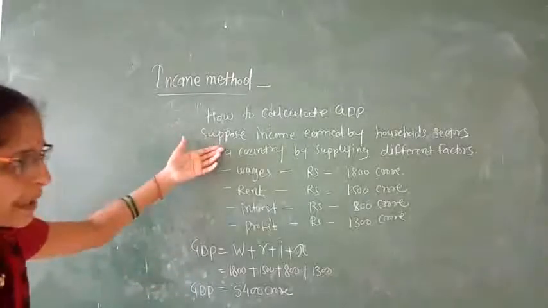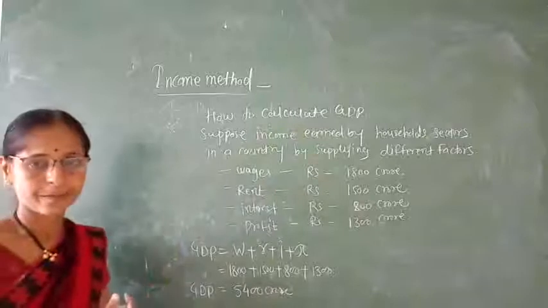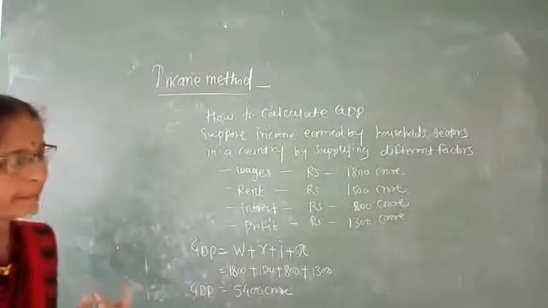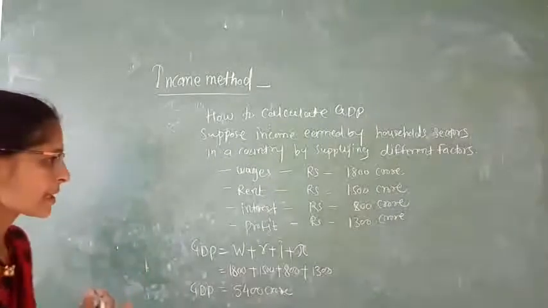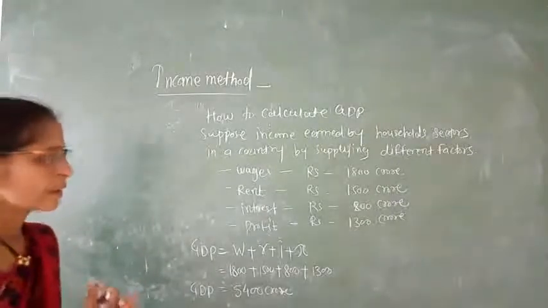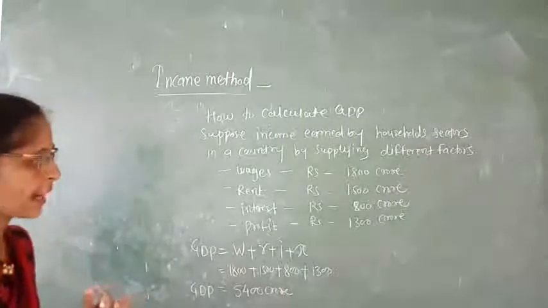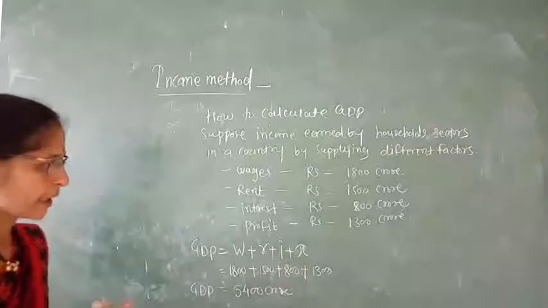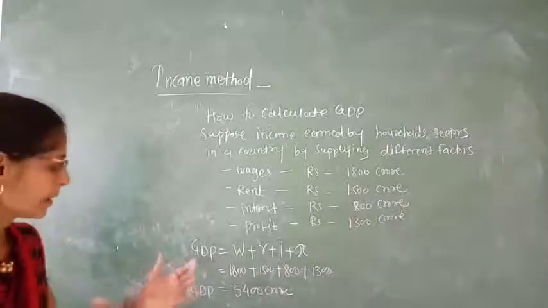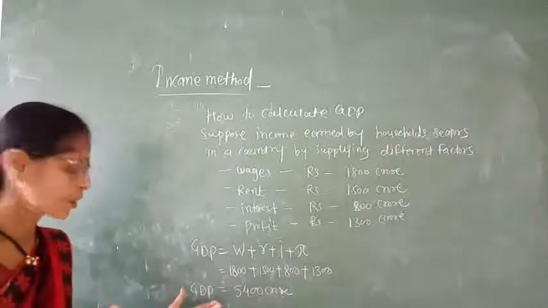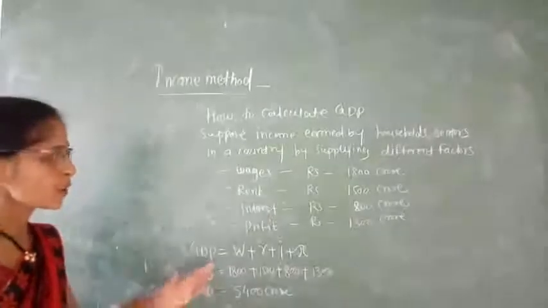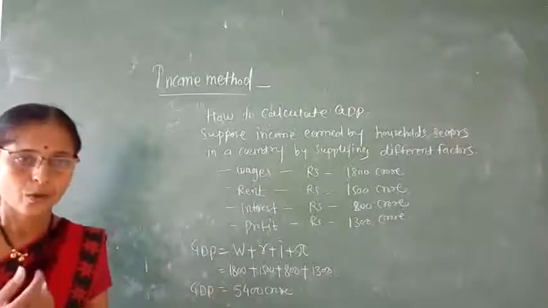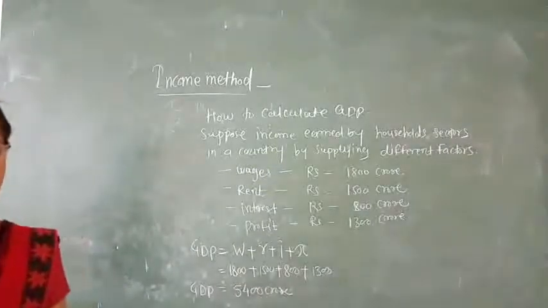Under this method, the national income or GDP is calculated by adding up the incomes received by all individuals of the country. Then we get the GDP or gross domestic product. So students, this is all about the income method. Hope all of you understood this concept. Thank you.